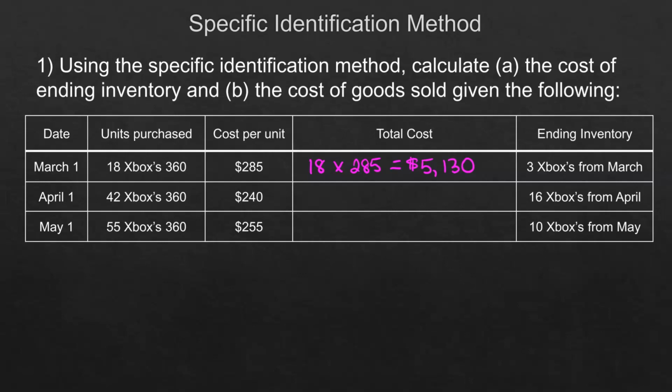On April 1st, there are 42 X boxes put into inventory, so 42, and the cost was 240 each. That's a total of 10,080. And then on May 1st, we purchased 55 X boxes at $255 each. And that totals 14,025.